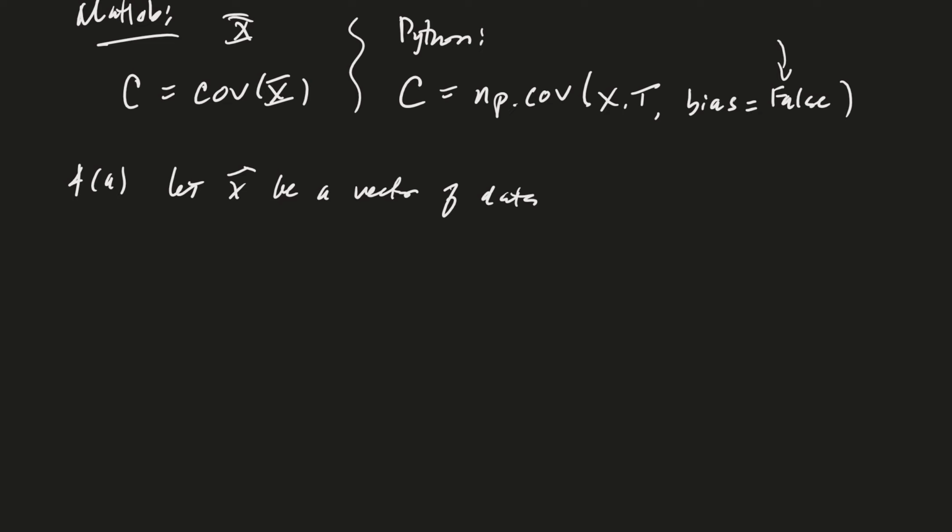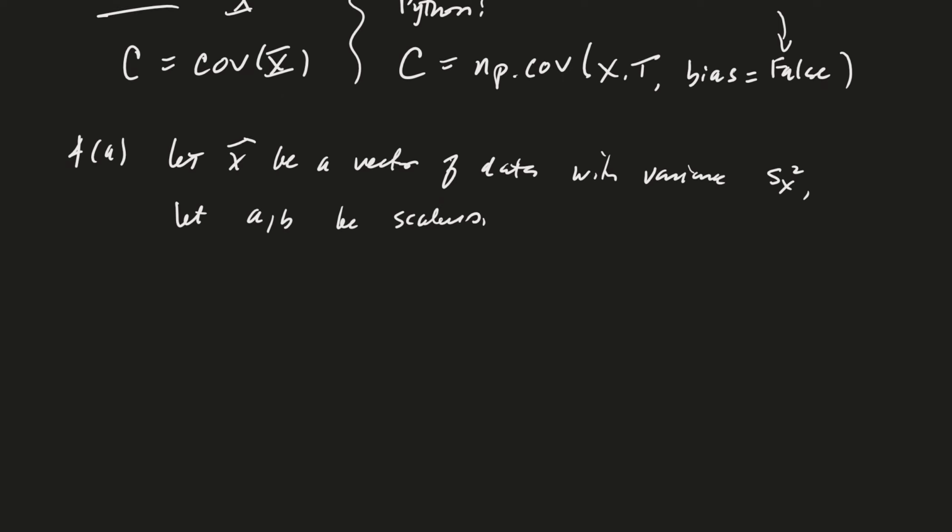So this is scalar data, so X is in R^n, with variance Sx squared, and let a and b be scalars. So in part a we want to show that the variance of aX is equal to a squared times the variance of X.